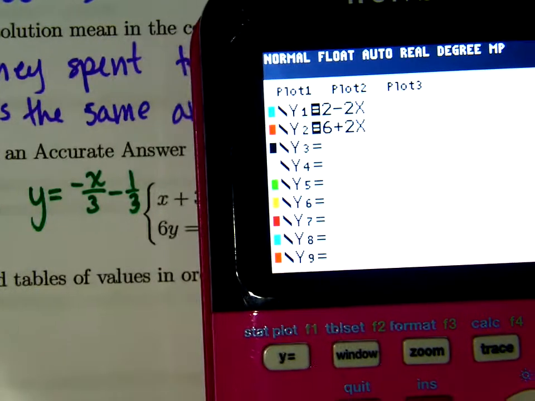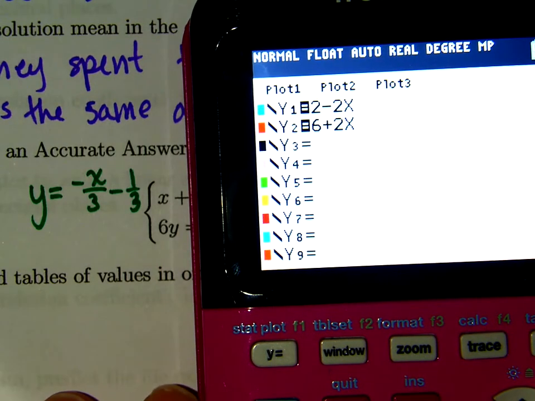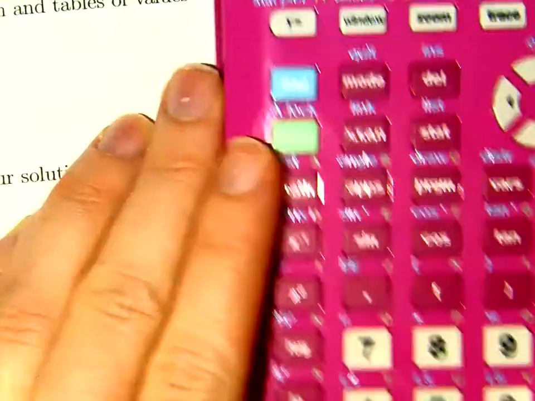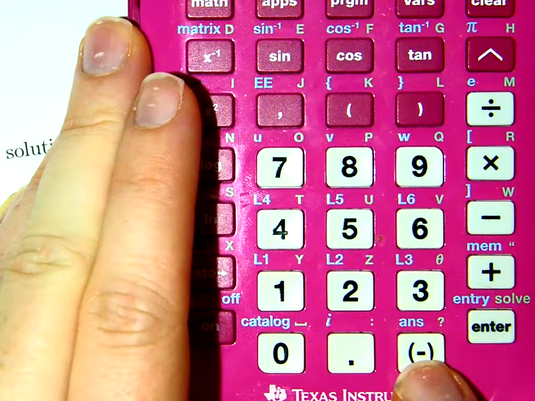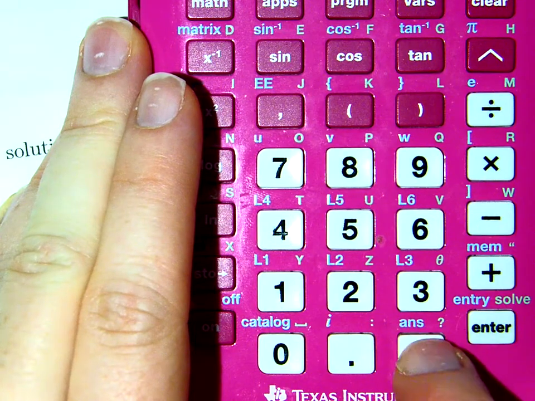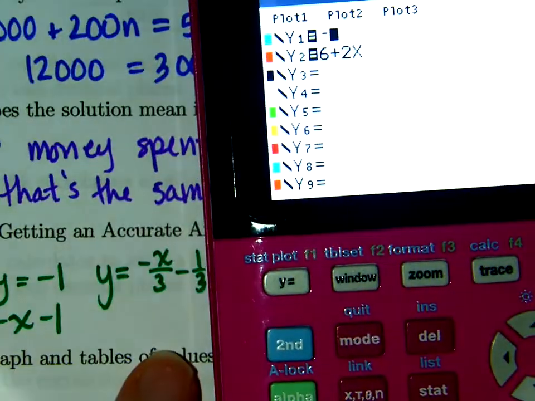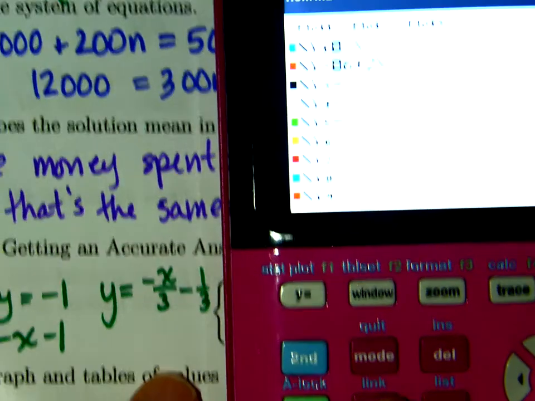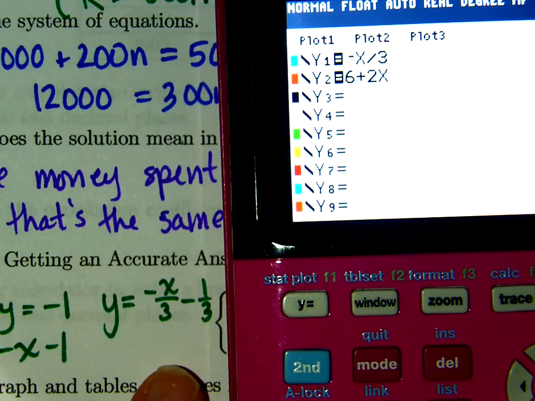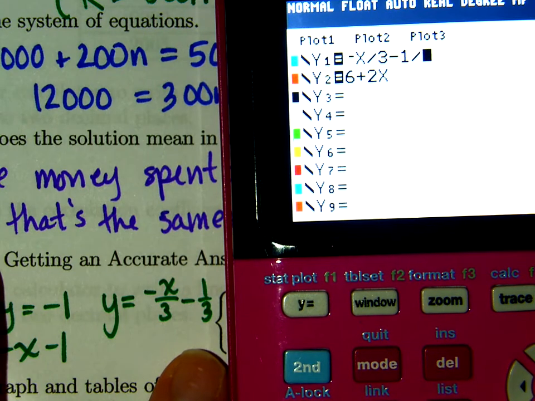So what did we have? For the first one, make sure you're using the negative symbol, because if you use the subtraction symbol, it does not like it. So negative x divided by 3 minus 1/3.